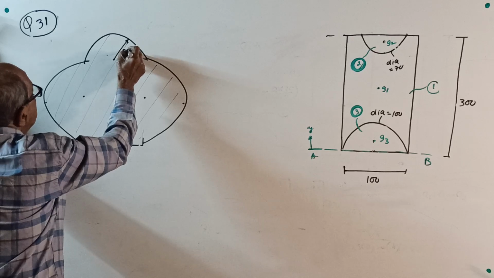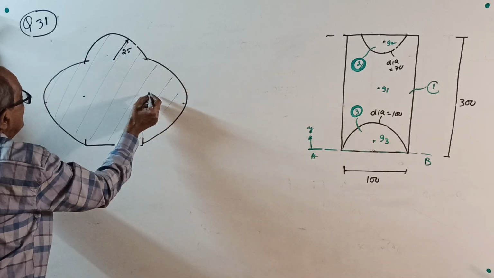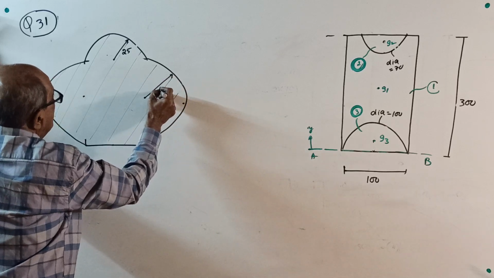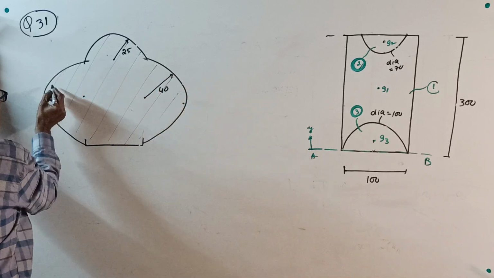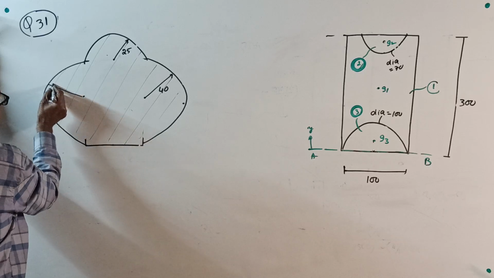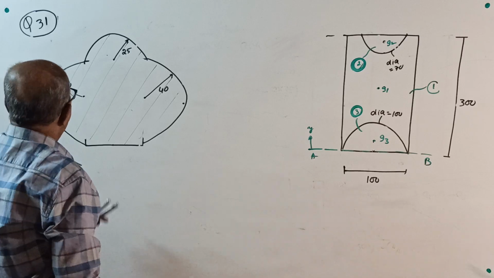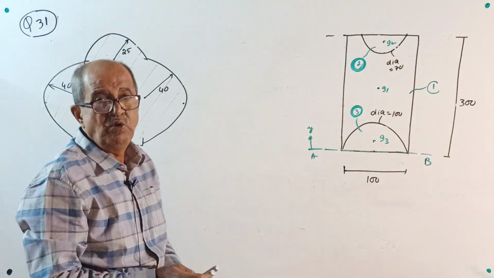This radius is 25 and this radius is 40. This radius also is 40. Over. This is a question. That's all given. Okay. Now, how to solve?